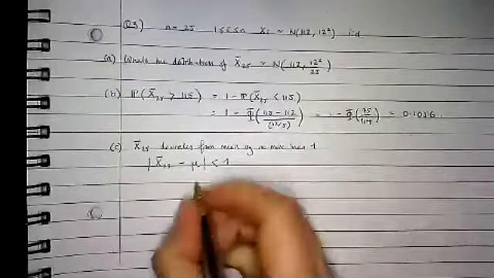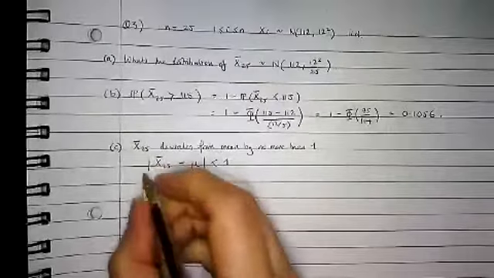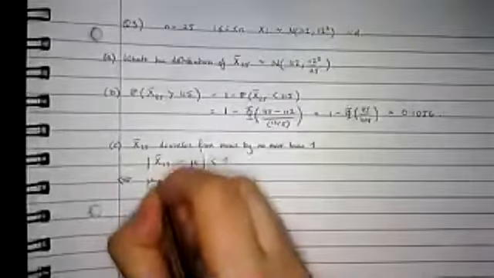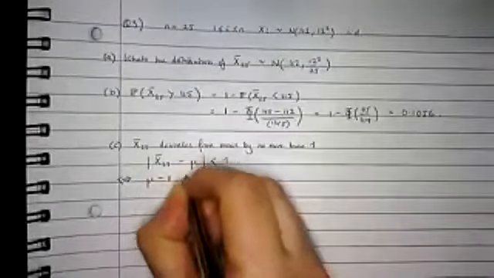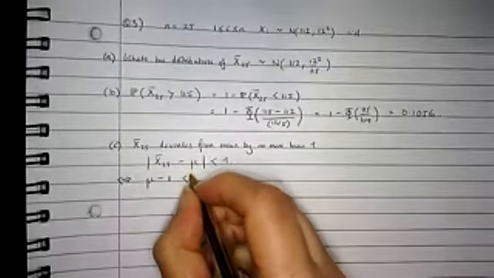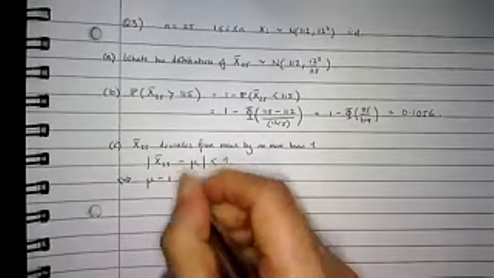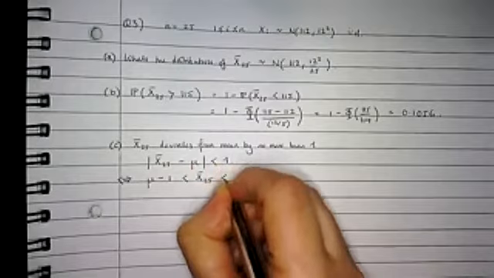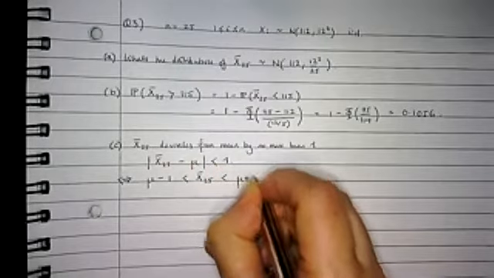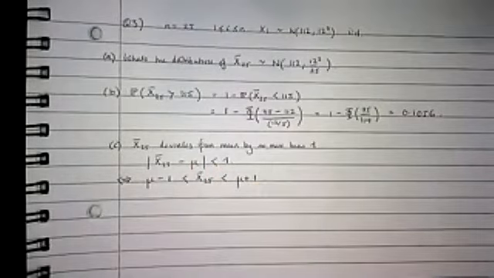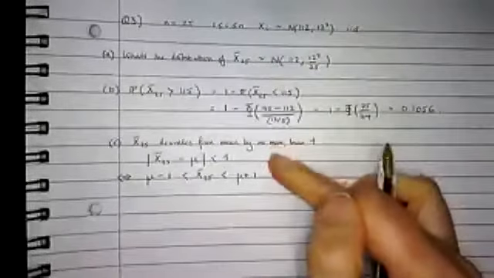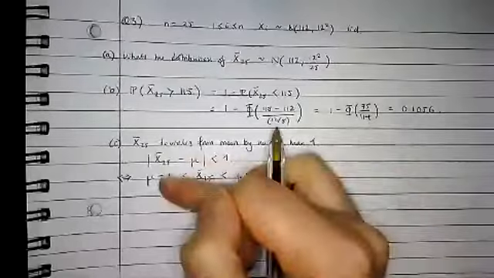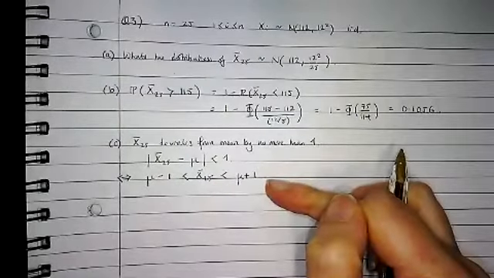We could say, totally equivalently, mu minus 1 is less than x bar 25, which is less than mu plus 1. Now this one is maybe the most condensed one that we could have, but this one here maybe gives us an idea of what we want to be doing with the probabilities.